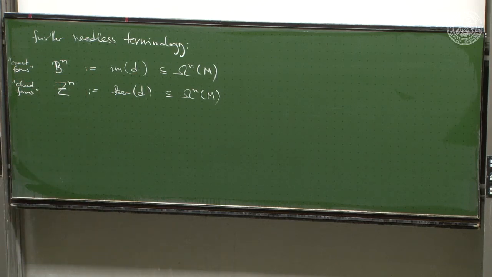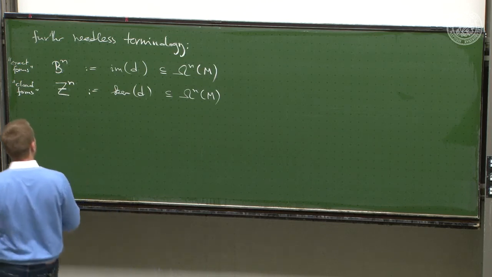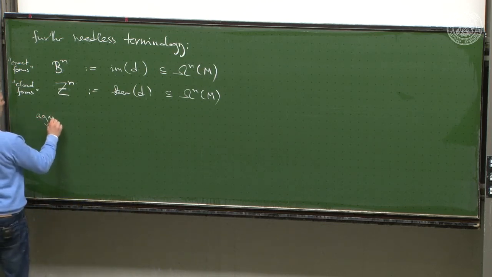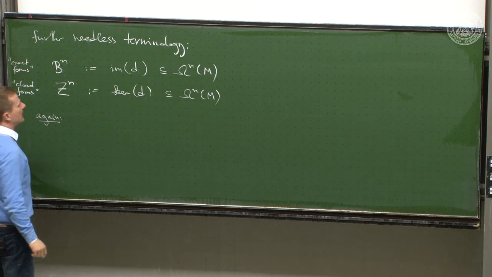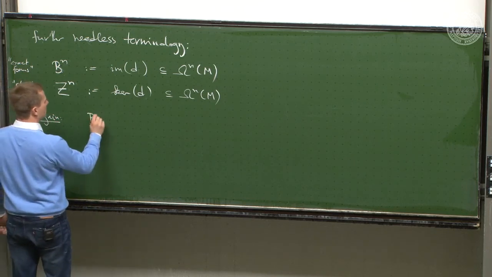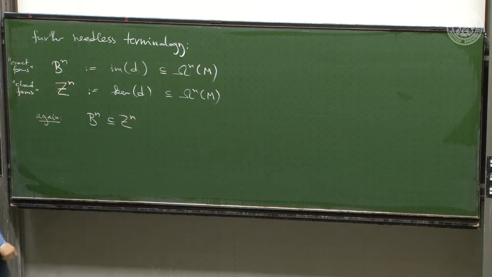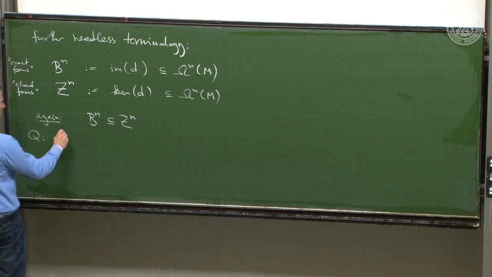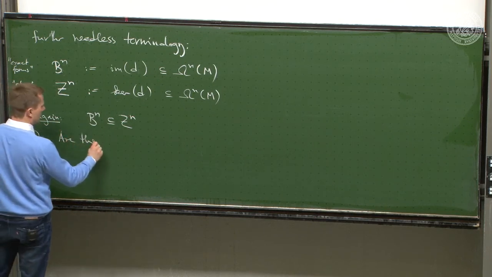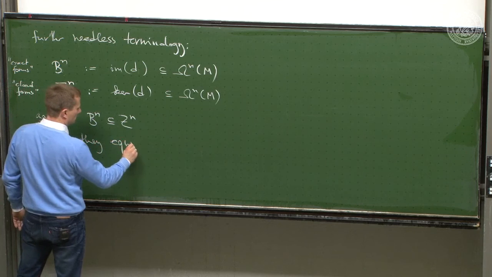And so again, we know that the image lies in the kernel, so we know that the exact ones lie in the closed ones, okay? And the question is, when are they equal? Okay, question, are they equal?